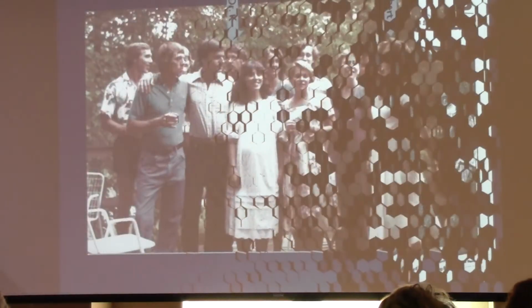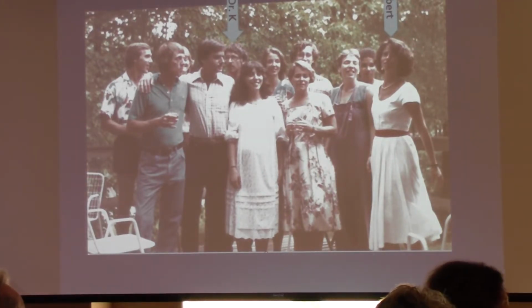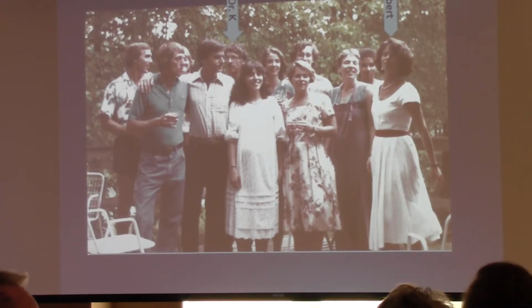Okay. So I'm getting close to being done here, but this is another picture that was taken in Chapel Hill in the early 1980s, and there's Dr. K over here. There's an arrow pointing to Dr. K. Who's that pointing to? Yeah, Dr. Tolbert.